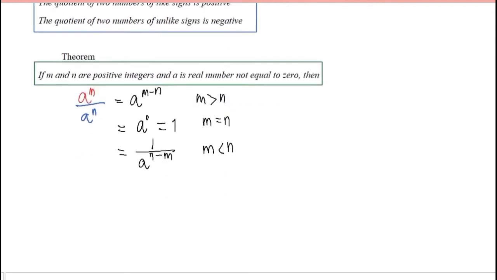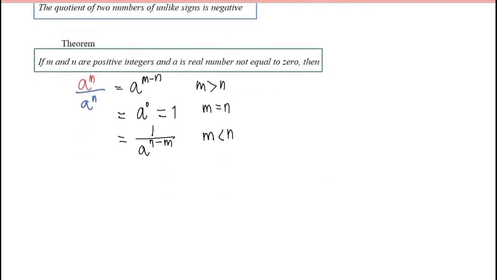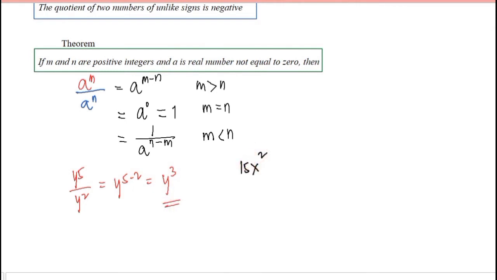So for example, we have y to the 5th divided by y squared. So we just have y to the 5 minus 2, that is y cubed. And this is our answer. And if we have 15x squared over negative 3x to the 4th, so we would have 15 divided by negative 3, so that's negative 5.